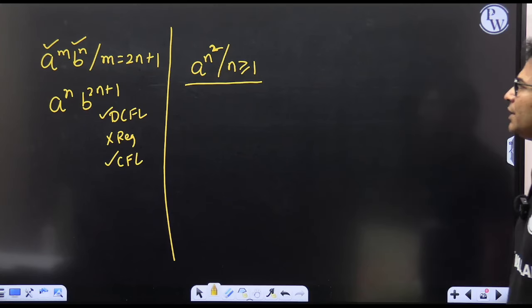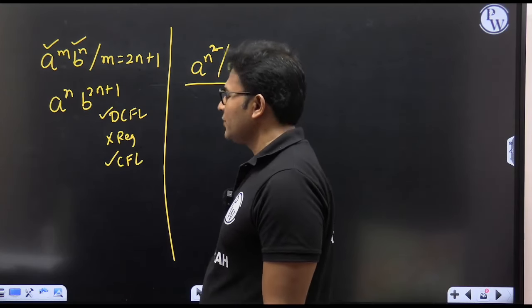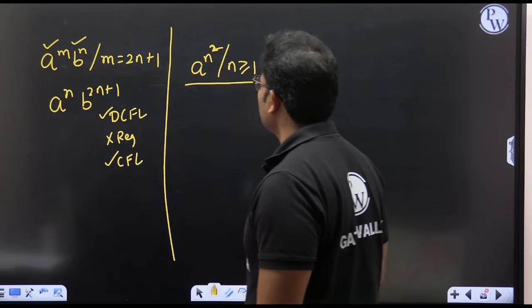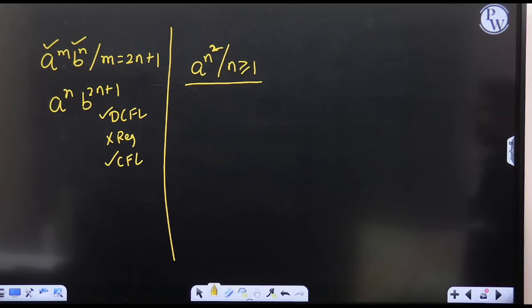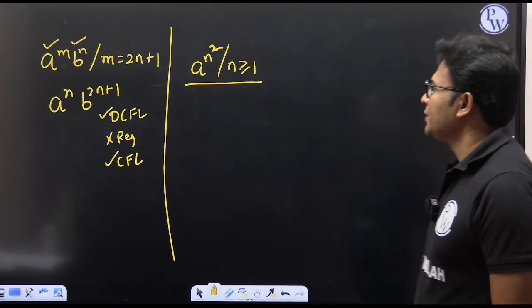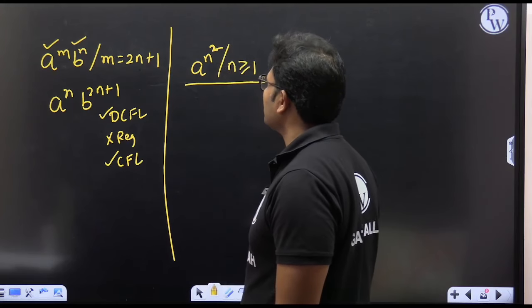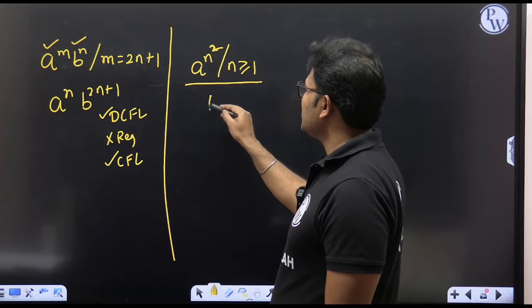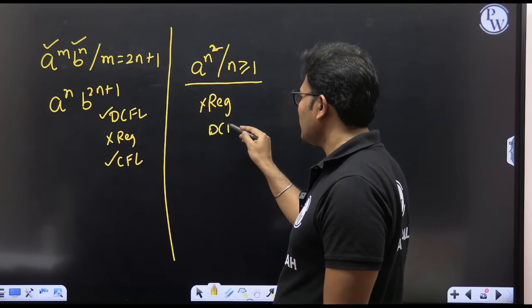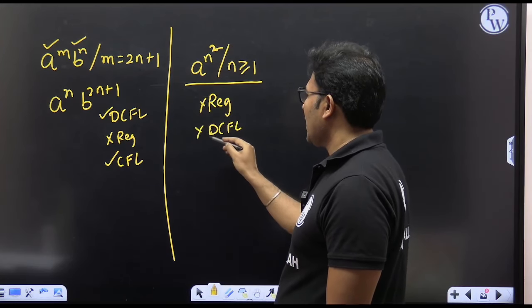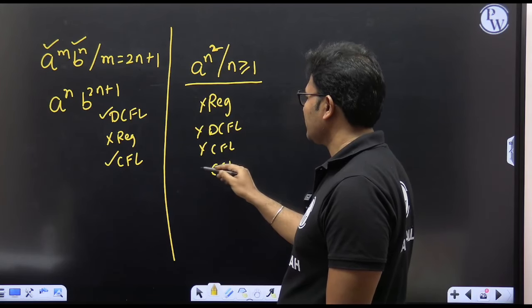This is definitely non-linear. So this is not regular for sure, and DCFL cannot do it, and CFL cannot do it, and this is CSL.